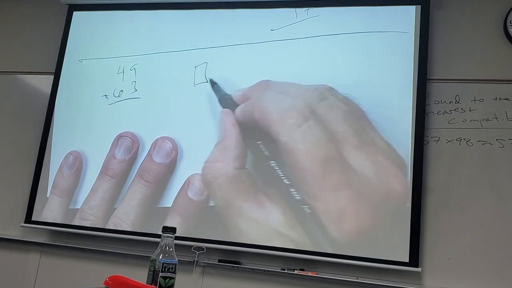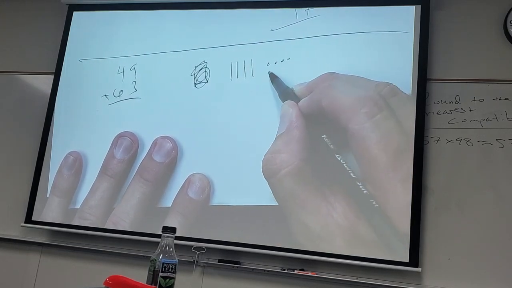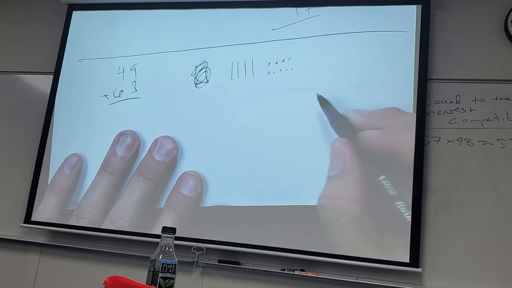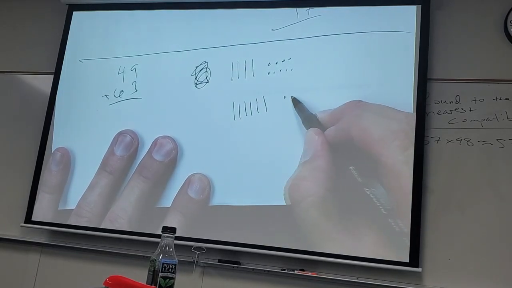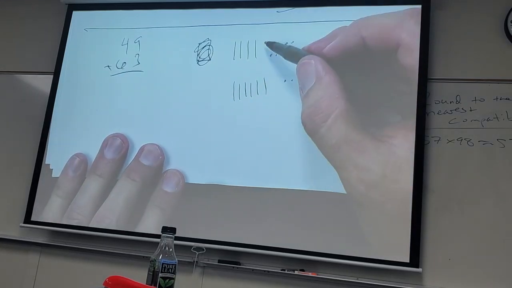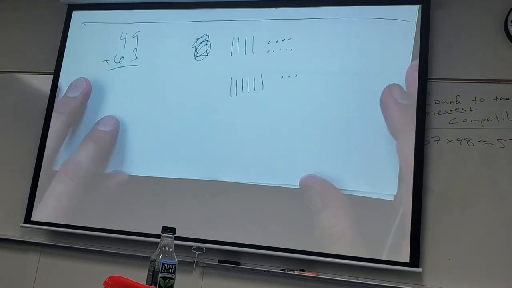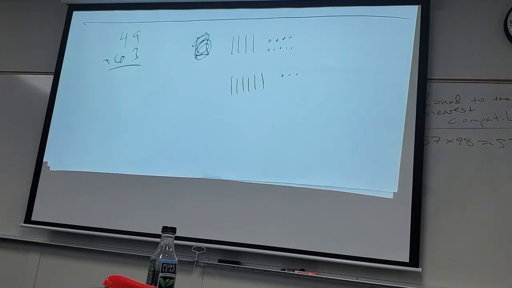So 49, 40, 2, 3, 4, 5, 6, 7, 8, 9. And then 63. So the funny thing is, if you do it visually like this, it almost doesn't matter which way you come at it, because you're just reorganizing the pieces.